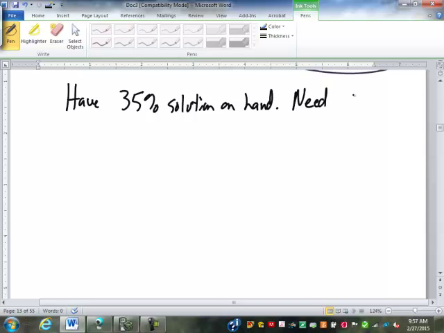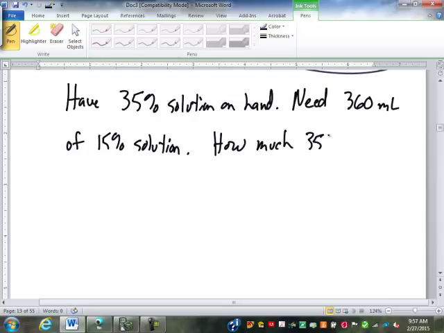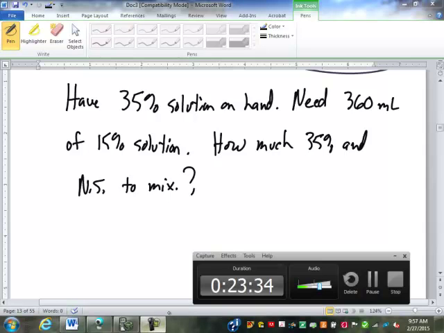We need 260 milliliters of 15% solution. So how much 35% and how much saline do we mix together? I'll pause.